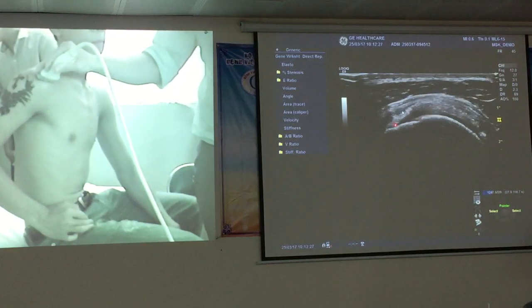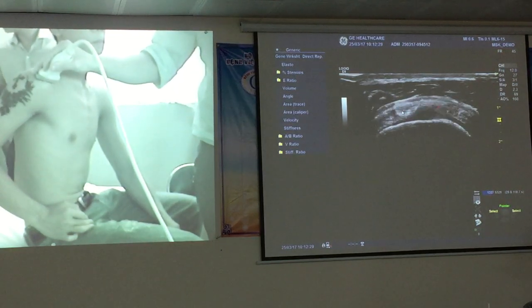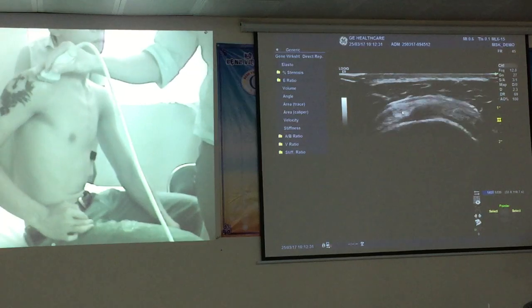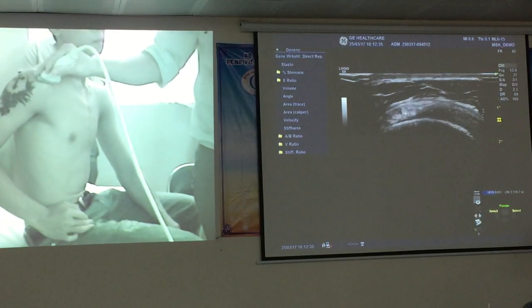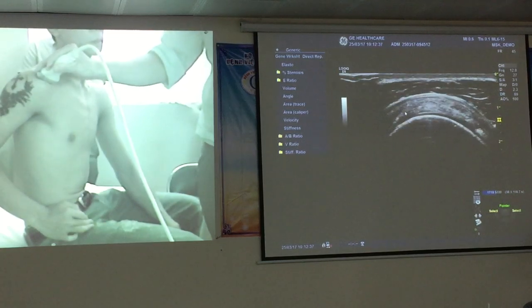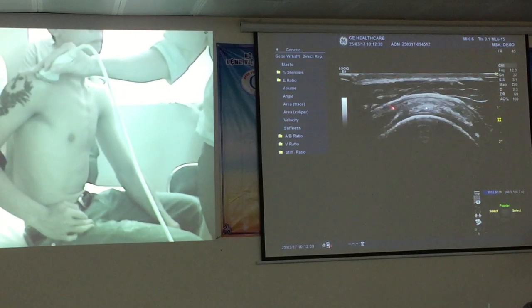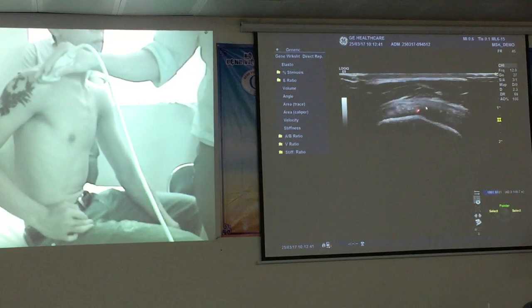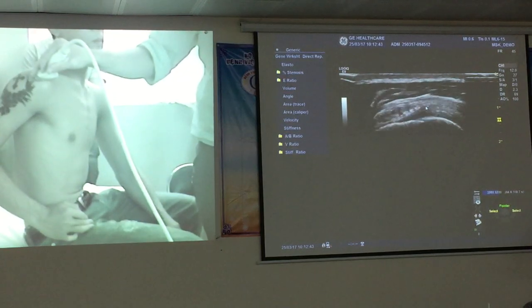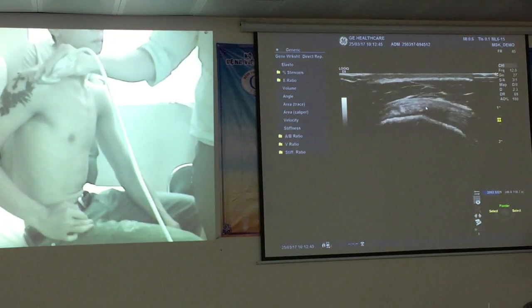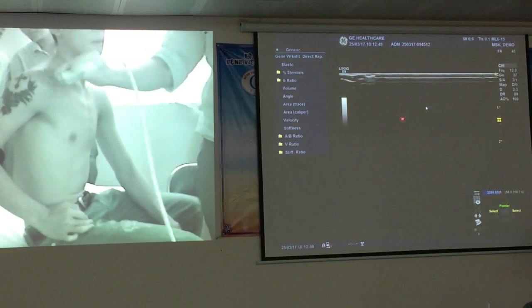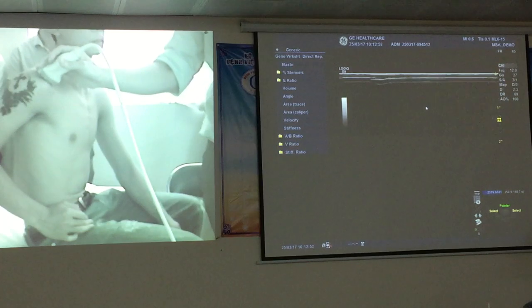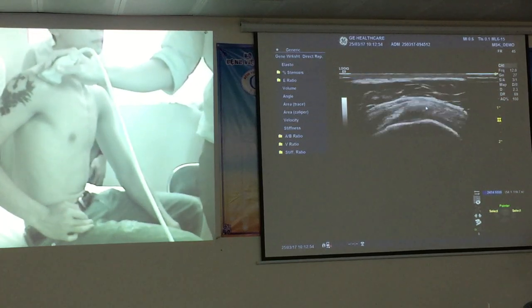So just because of where these occur, it can look a little bit more heterogeneous than the other tendon. So just take care not to misinterpret that as tendinosis.